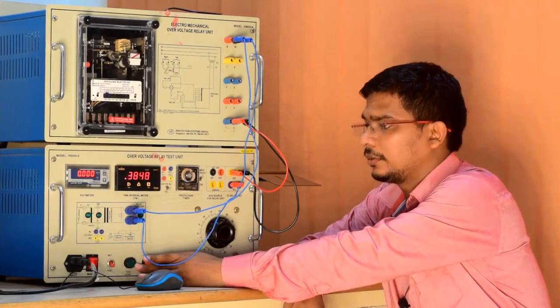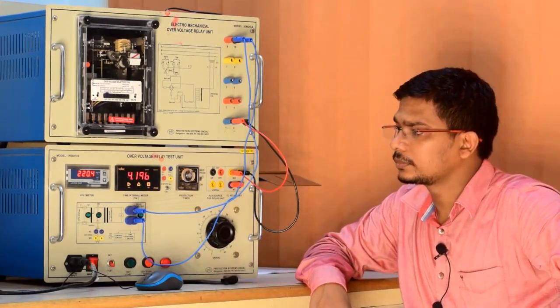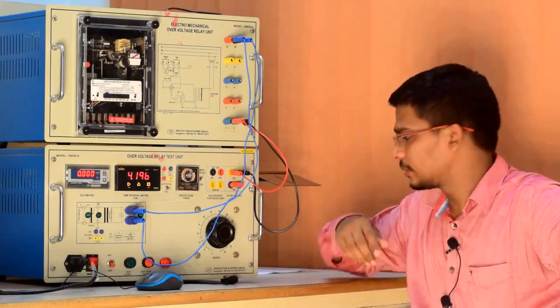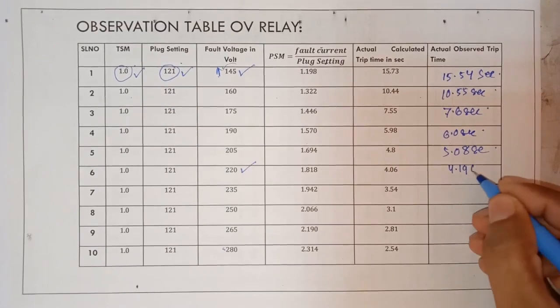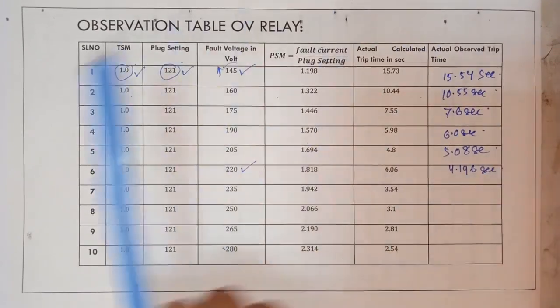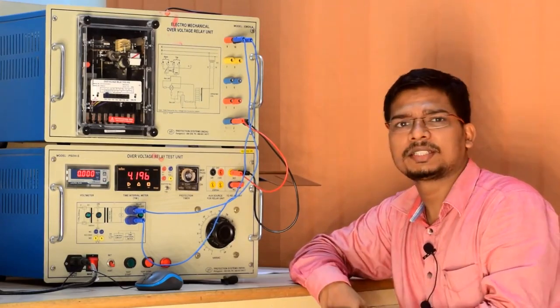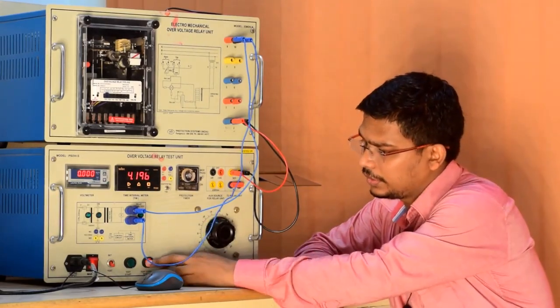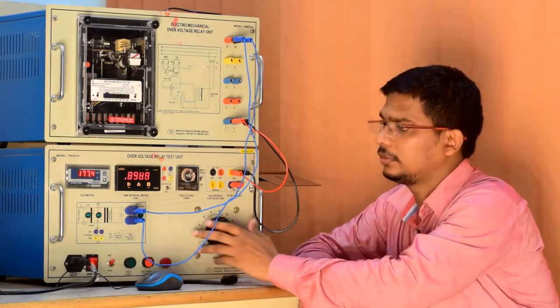Again turn on. 4.196. Our expected trip time is 4.06. So next observation is 235. Test, stop, set, on.